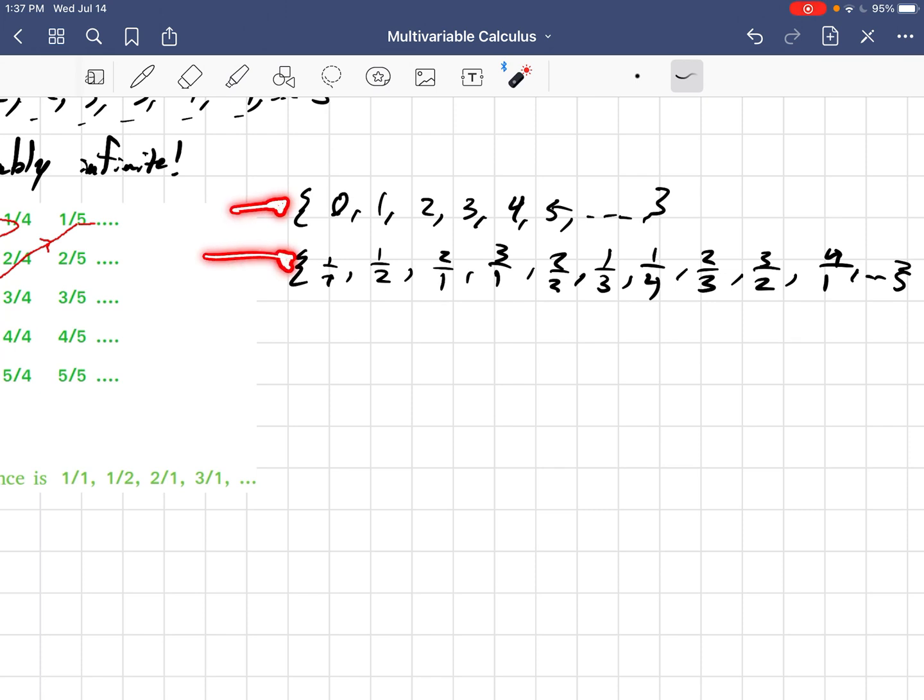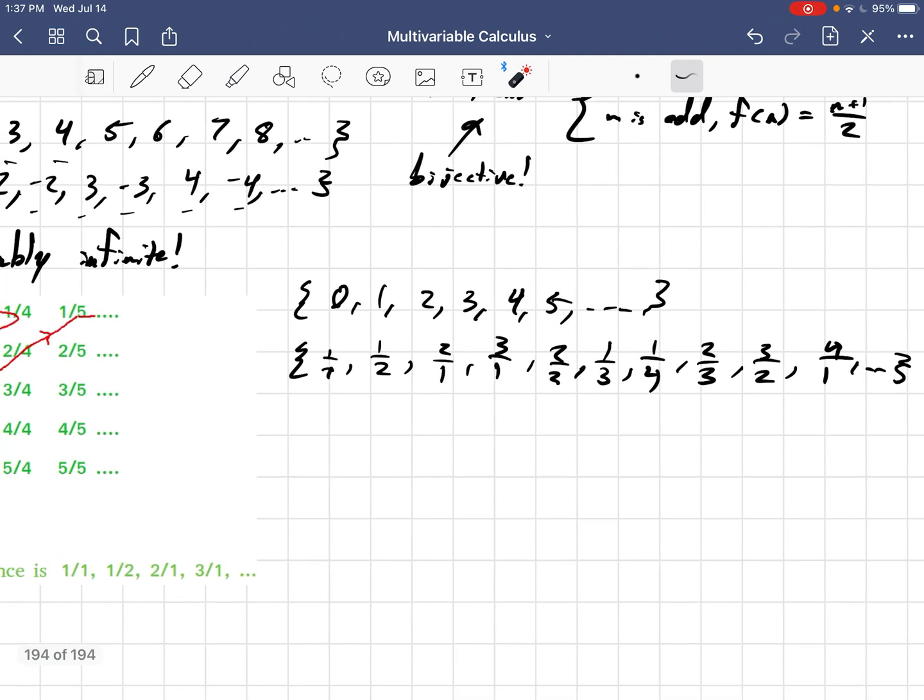This way of writing the set will include every possible rational number. And so we can map each unique natural number to a different unique rational number. And therefore, there exists a function f, which is bijective, that maps every natural to every rational, and therefore they're countably infinite.